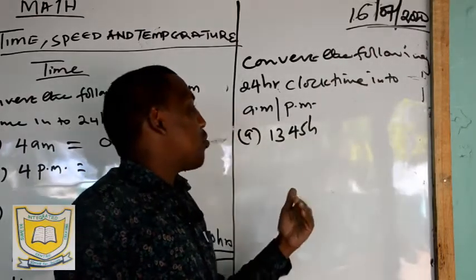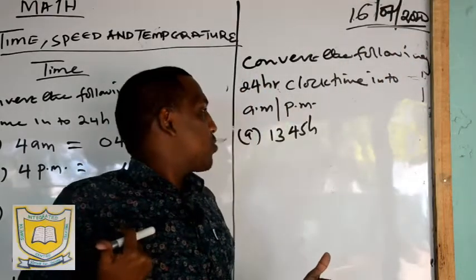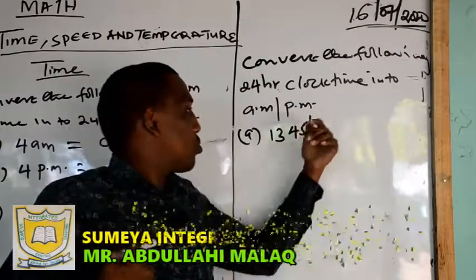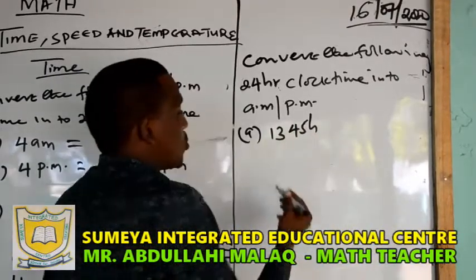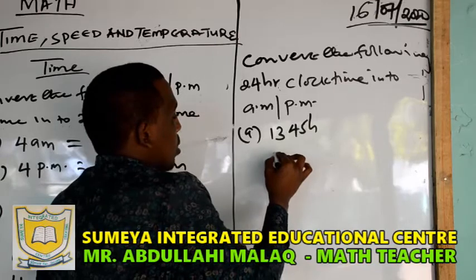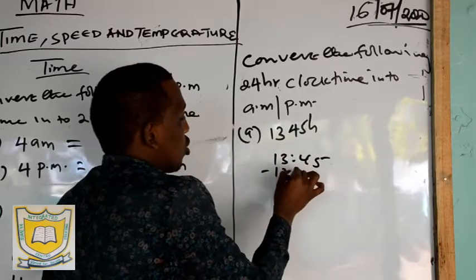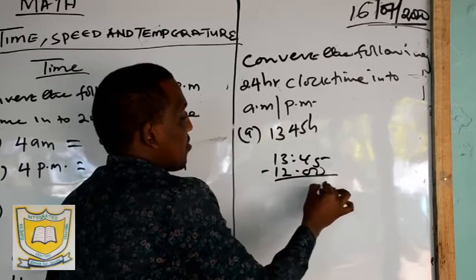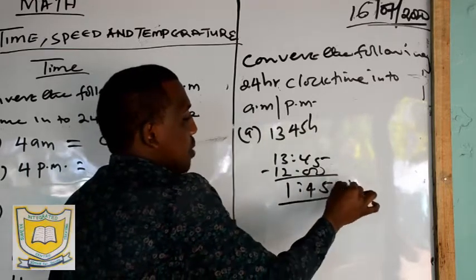Now it's opposite, so we subtract minus 12. 13:45 minus 12 hours becomes 1:45. So this is PM.